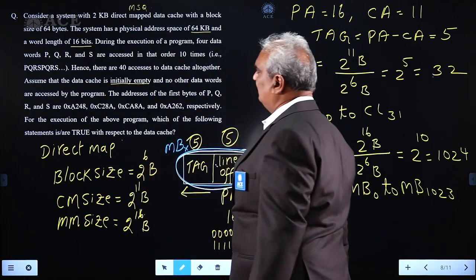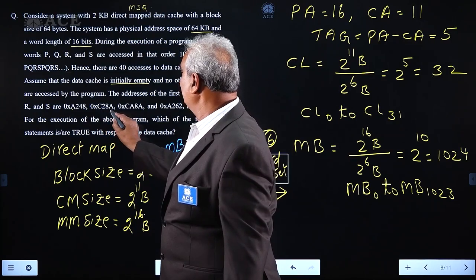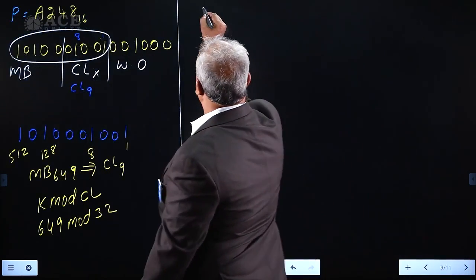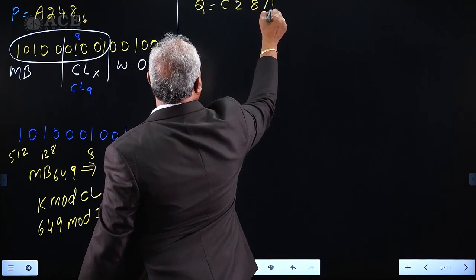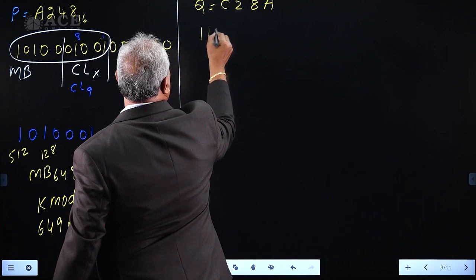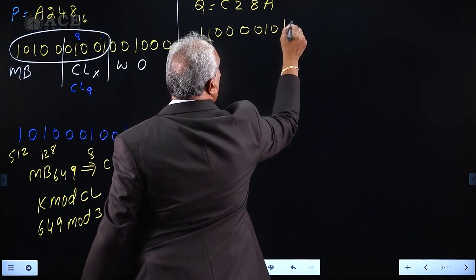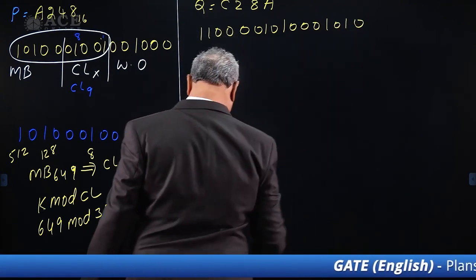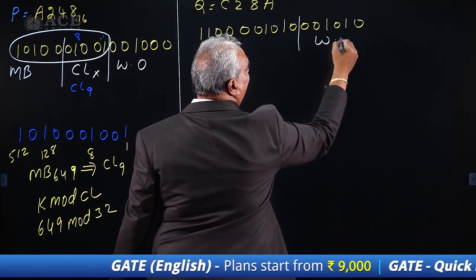What about Q here? We completed P. Q is C28A. C means 1100, 2 means 0010, 8 means 1000, A means 1010. Here, the least 6 bits are used for word offset.